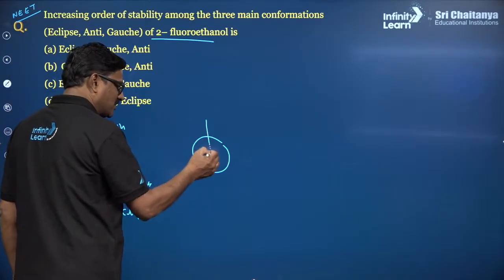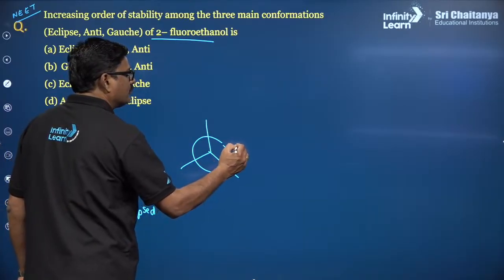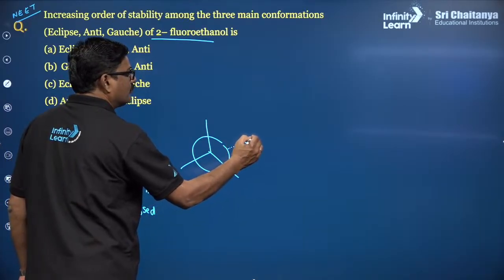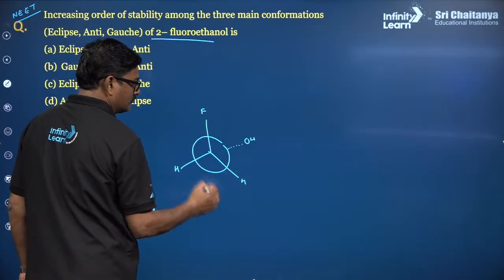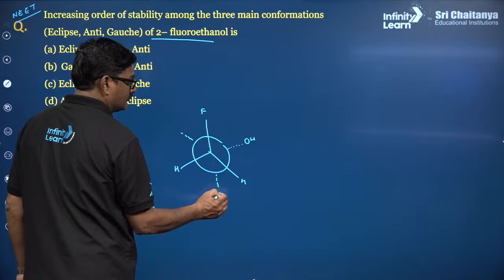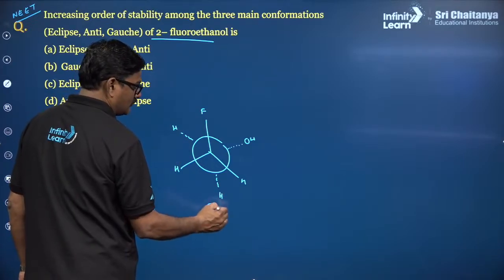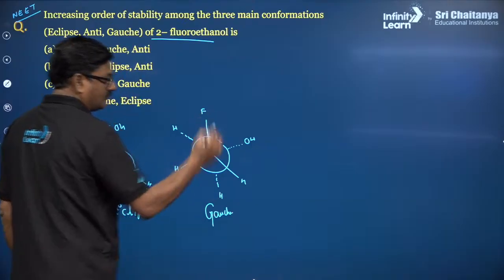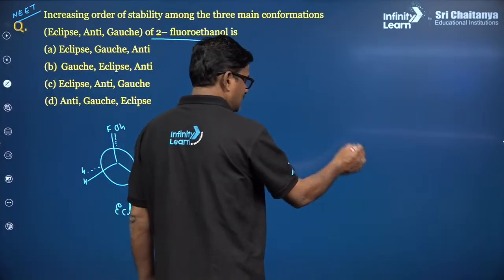Now let's talk about the gauche configuration. Let us talk about the anti configuration.